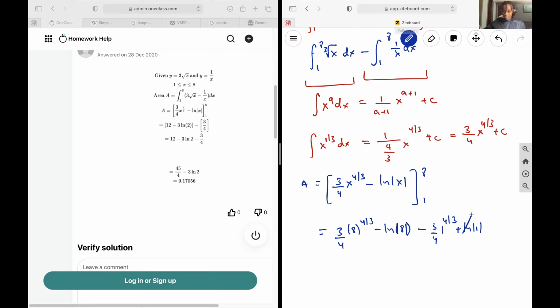This is going to give me 0. This is going to be 1. And this is going to be 3 over 4 times 16 minus ln of 8 minus 1. This is going to give me 11 minus the ln of 8.